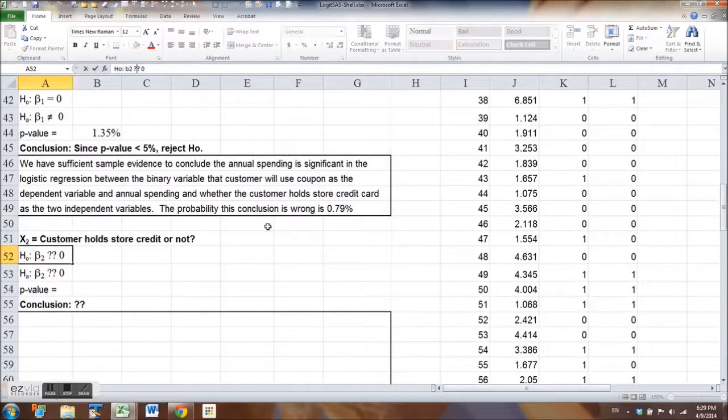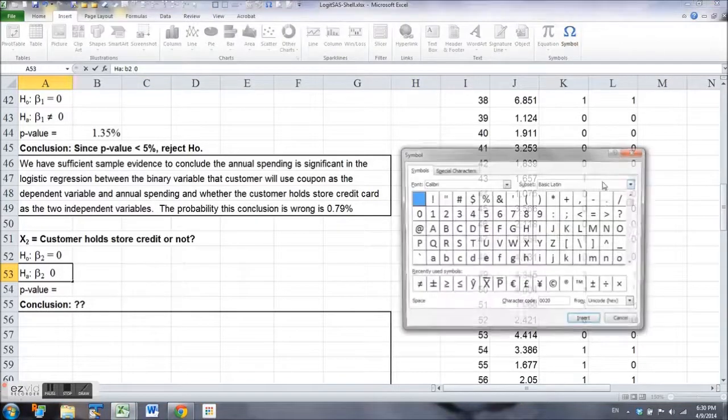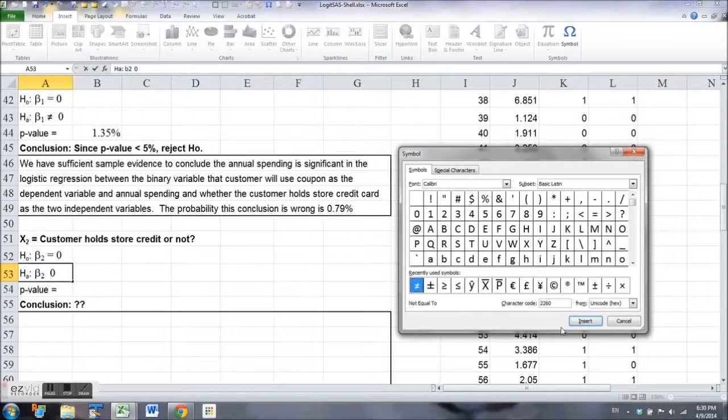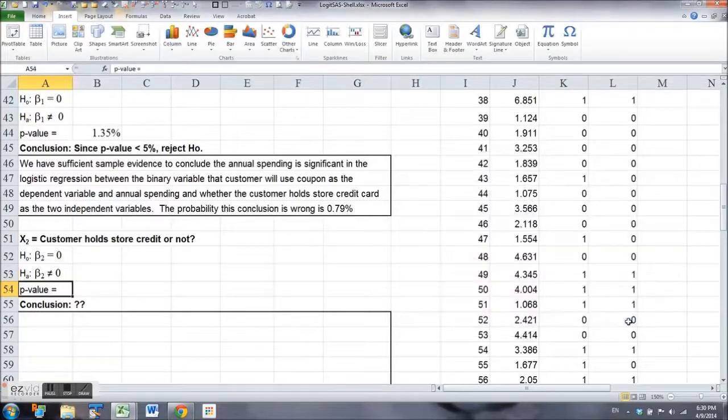So the second variable to test is whether the customer holds a credit card or not. And once again, the hypothesis is beta sub 2 equal to 0 or beta sub 2 not equal to 0.